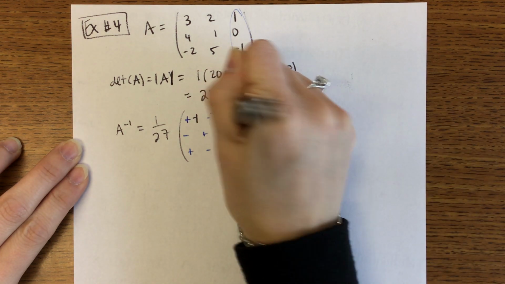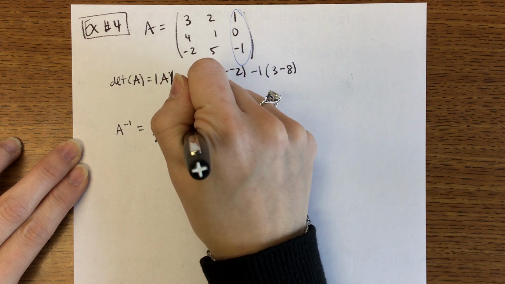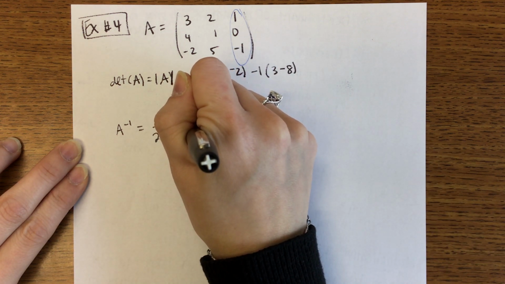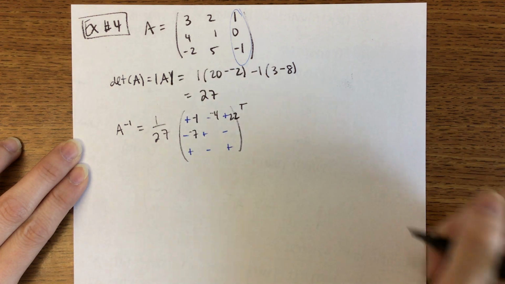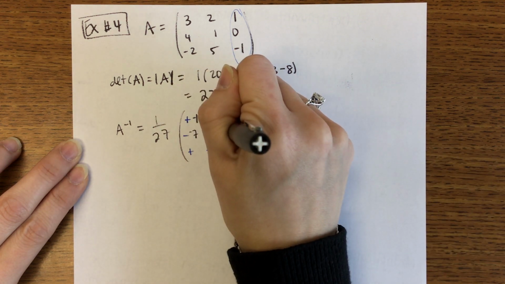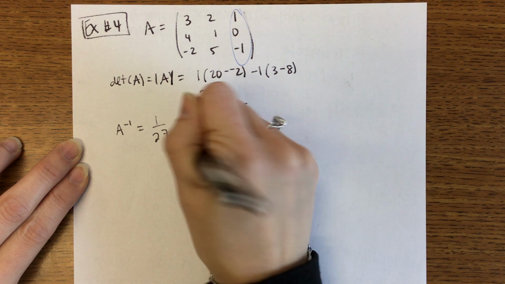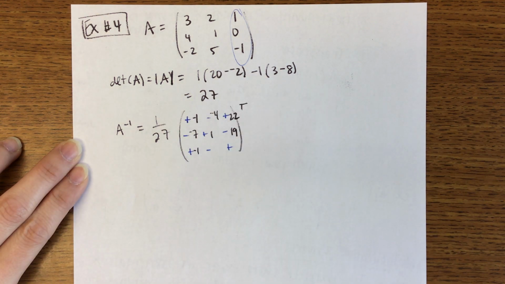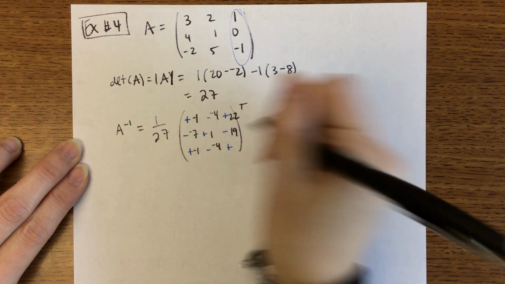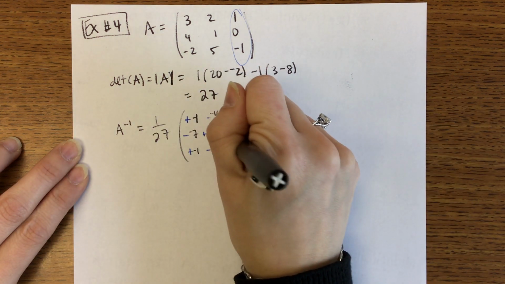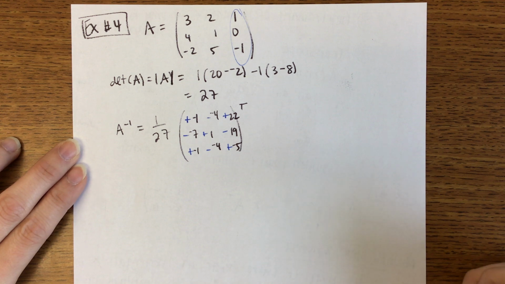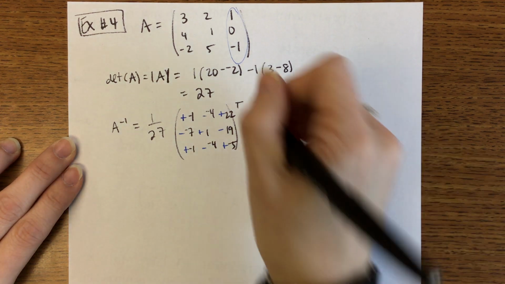I got 22. Is this a negative 7? I think so. And then a 1, and then a 19, and then a negative 1, a negative 4, and a negative 5. Sorry, I know that that's really small.